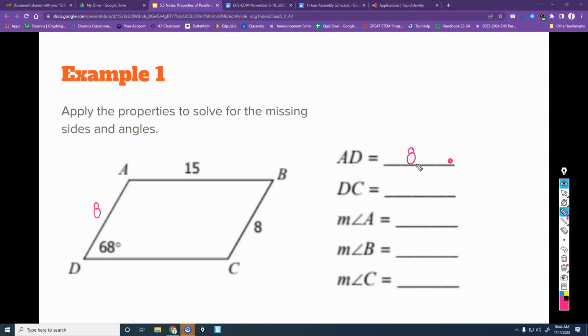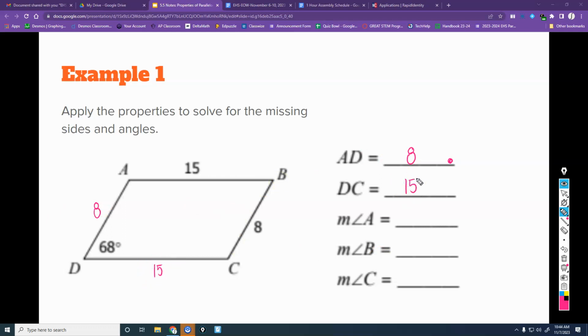Okay. Jason, give me another piece that it's asking for. It's already marked, so they're not really asking for that. That one's also marked. Okay. But if AB is 15, what other side is 15? DC. So DC is 15.